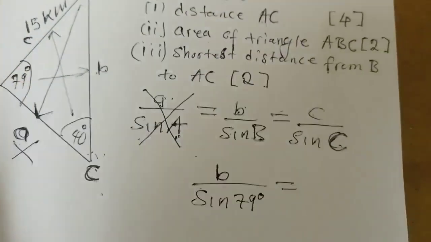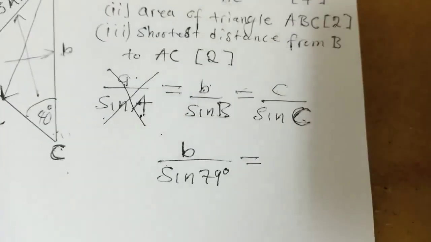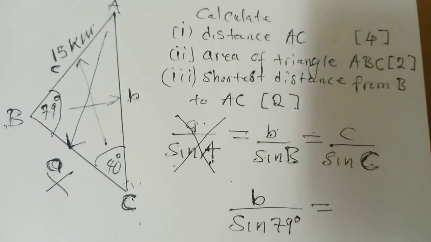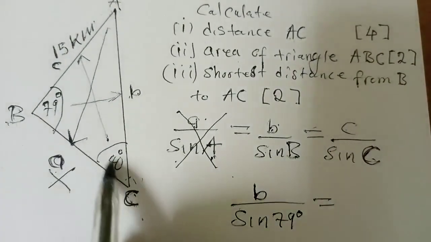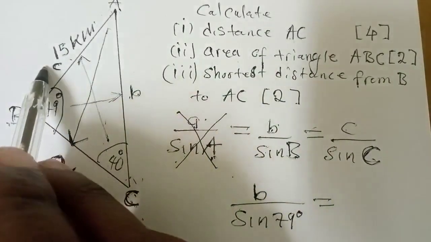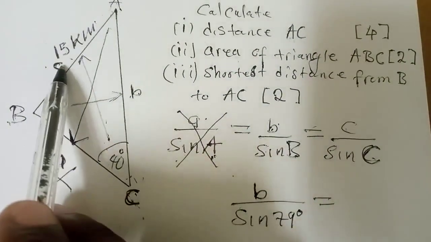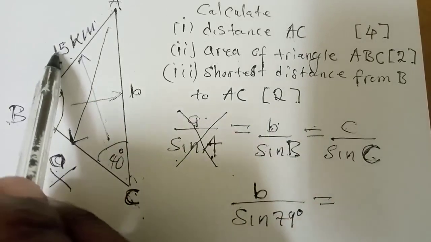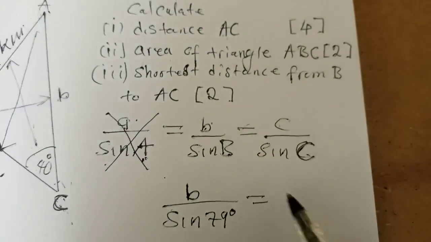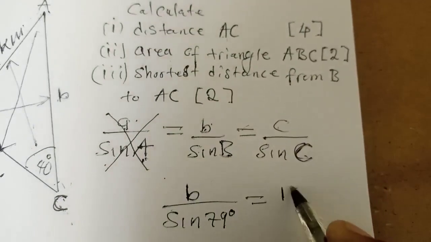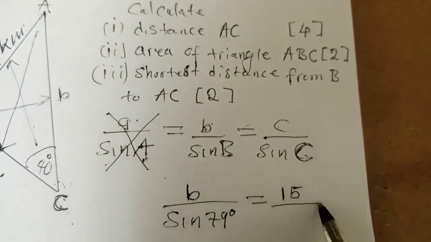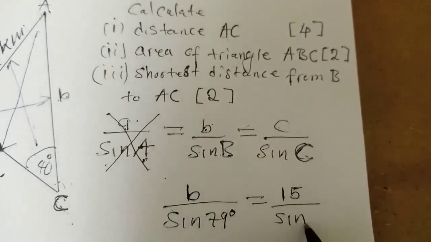what is our small letter c? Our small letter c is this side, where our capital letter C is opposite. So here we have 15 over sine what?